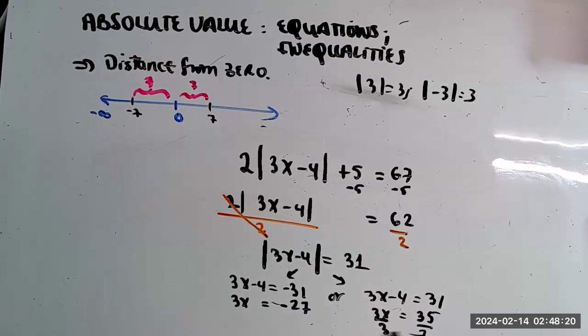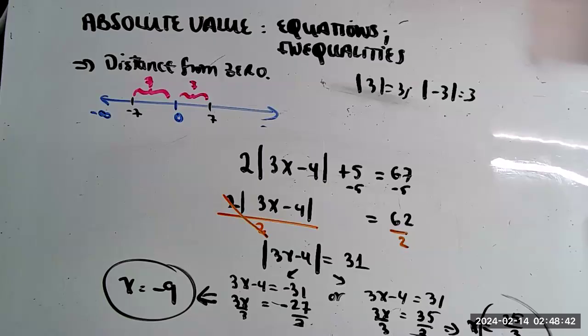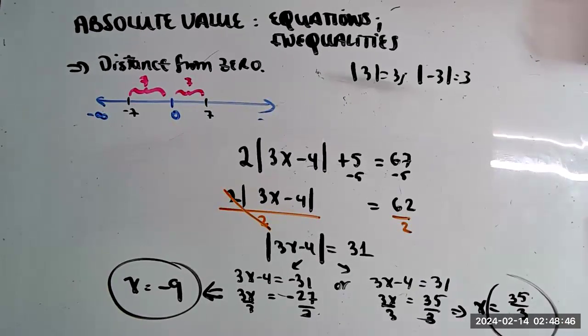Divided by 3, divided by 3. So x equals negative 27 over 3, negative 9. And here will be just 35 thirds. So x equals 35 over 3. Two solutions, negative 9 and 35 over 3.